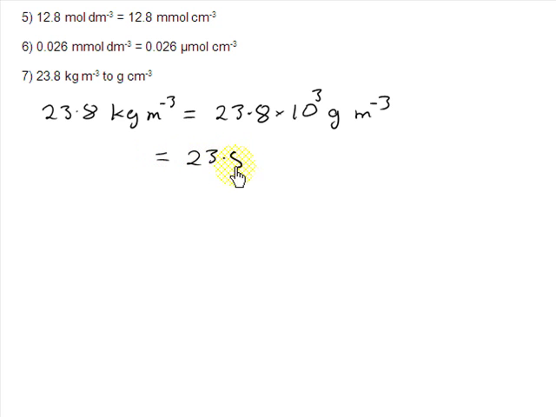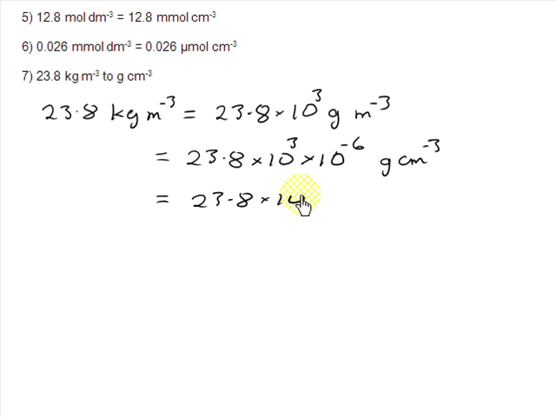So then we can write this as being 23.8 times 10 to the 3, and then multiplying by 10 to the minus 6 to convert the meters to the minus 3 to centimeters to the minus 3. So this will then equal 23.8 times 10 plus 3 minus 6 will be minus 3 grams per centimeter cubed.